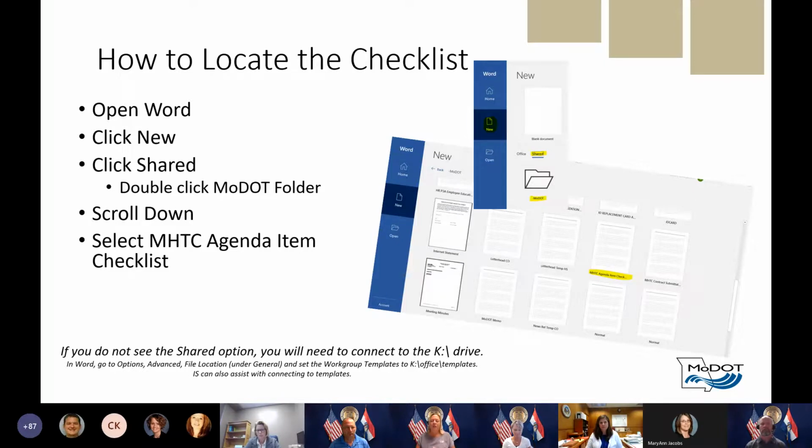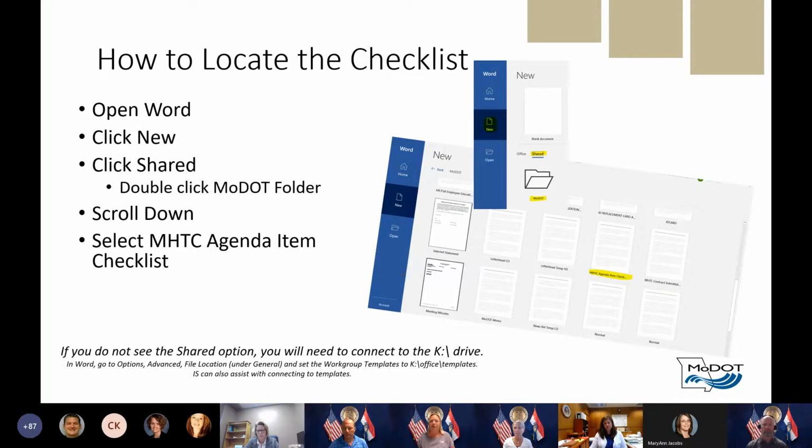The agenda item checklist is available. It's a template in Word. So you will have to click on New, then click on Shared, and then double click on the MoDOT folder underneath it. If you scroll down, it'll have the MHTC agenda item checklist. And this is updated each time the commissioners update their conflicts or perceived conflicts.